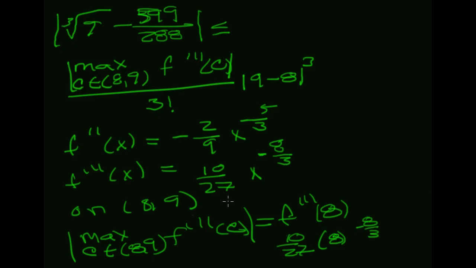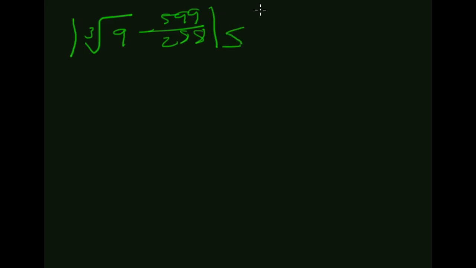All right, so let's put this all together. We now know that the absolute value of the cube root of 9 minus 599 over 288 has to be less than or equal to 10 over 27, 8 to the negative 8 over 3, divided by 3 factorial, times the quantity 9 minus 8, which is just 1 to the third.